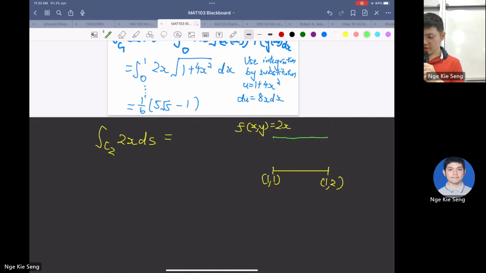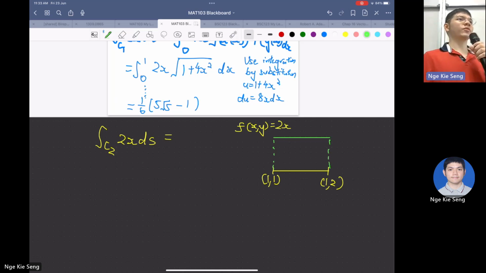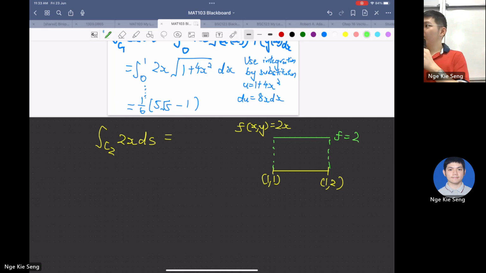If you want to compute the area of this curtain, how do you compute? Just take the length by the height. So it's just 1 times 2.